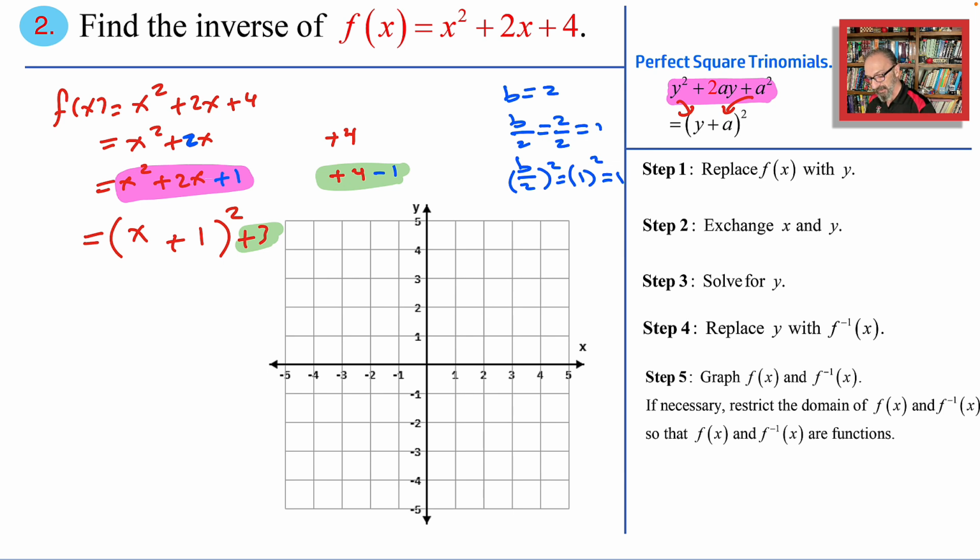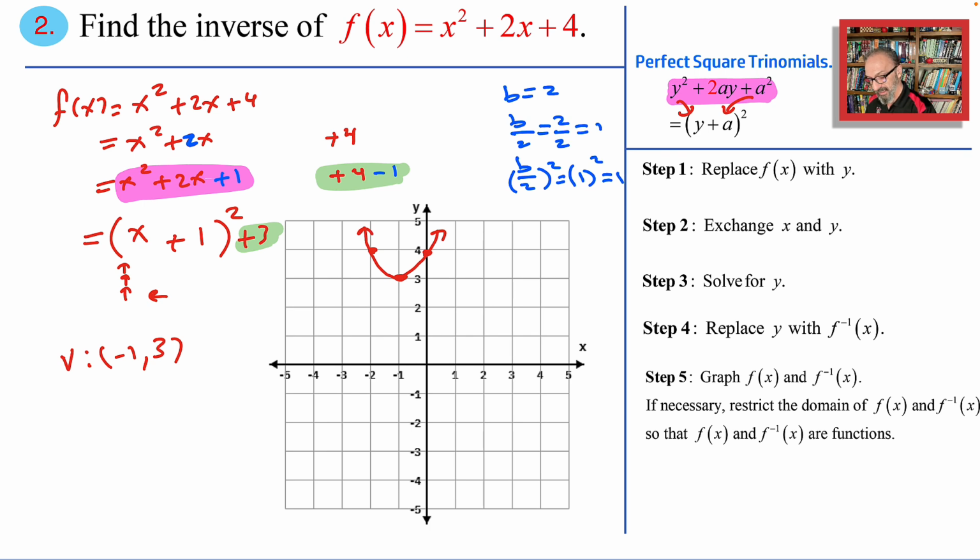That means it's a quadratic equation with a equals 1, shifted to the left 1, and shifted up 3 units. That means the vertex is at -1 and 3. That is the vertex with a normal opening. So it's going to go right here and right here. That is f of x.